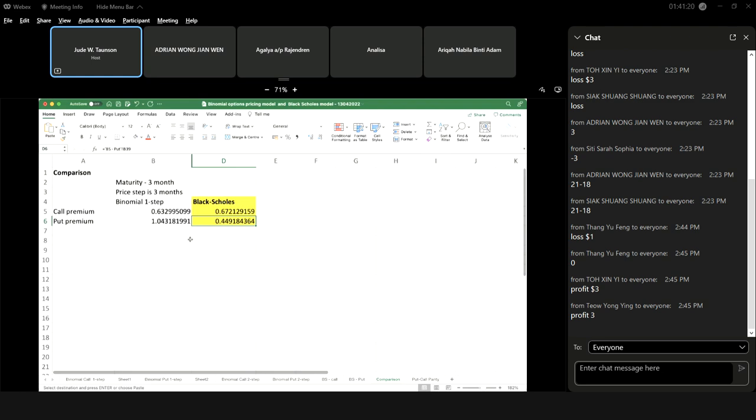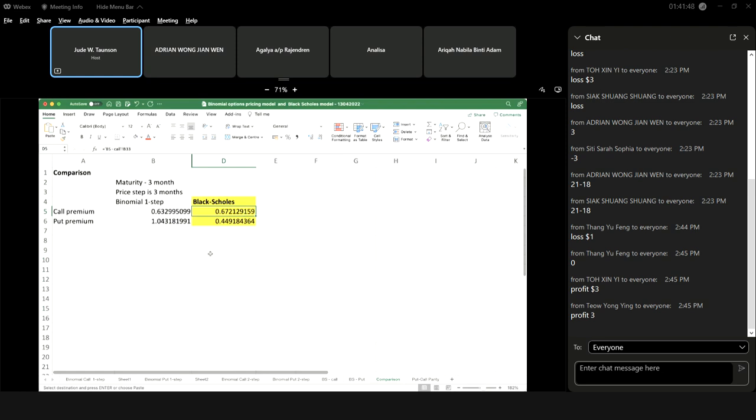Black-Scholes is more accurate actually for the call option, right? Black-Scholes, this is the correct price, right? This one is far off, but this one is maybe off by only 0.04, right? So you go far away. So there are a lot of models, yeah. So in industry, Black-Scholes model is more widely used. So we use this one.